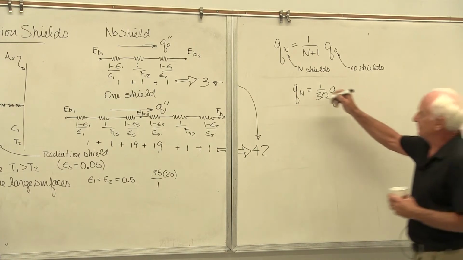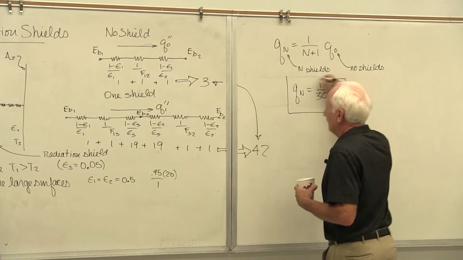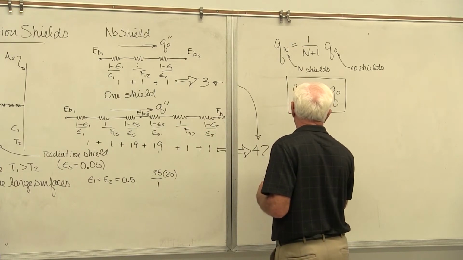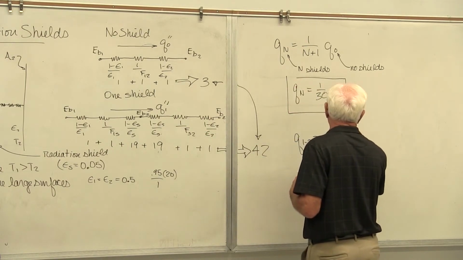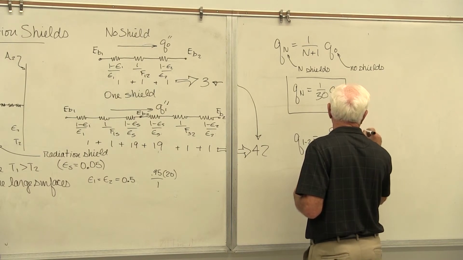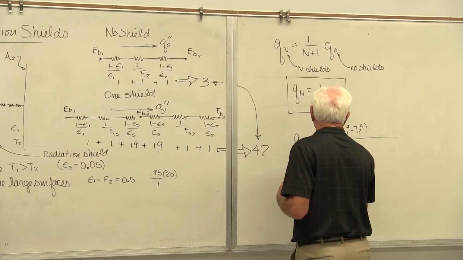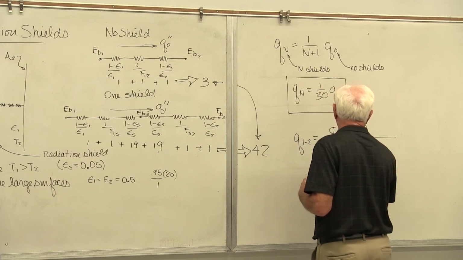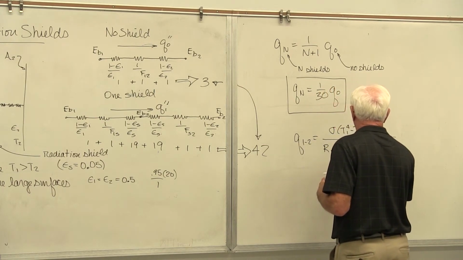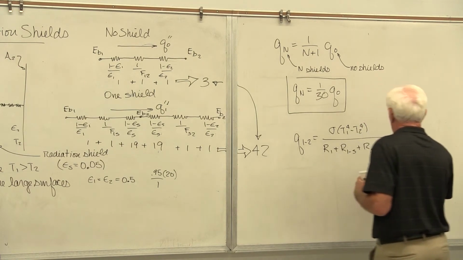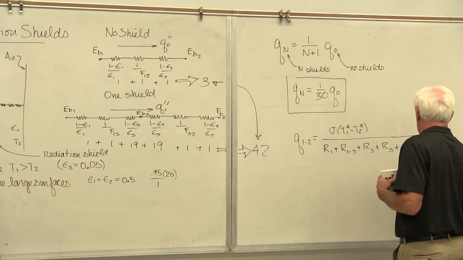Okay, so this is what you have. Q1 to 2 equals sigma (T1 to the 4th minus T2 to the 4th) divided by R1 plus R shield 1 plus R shield 2 plus R2.